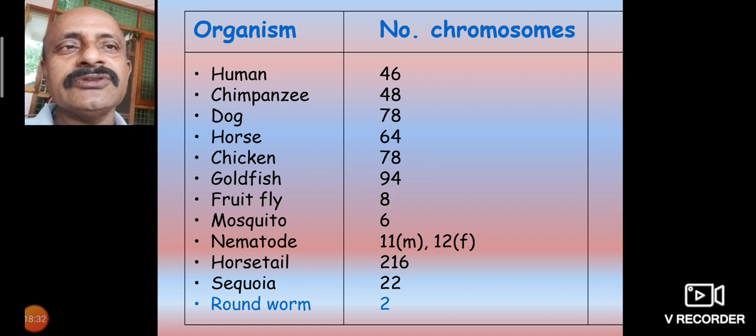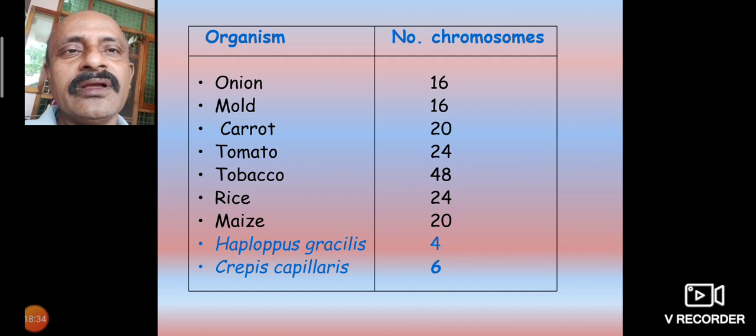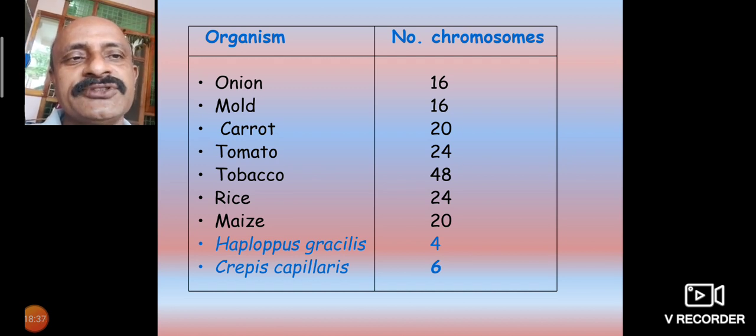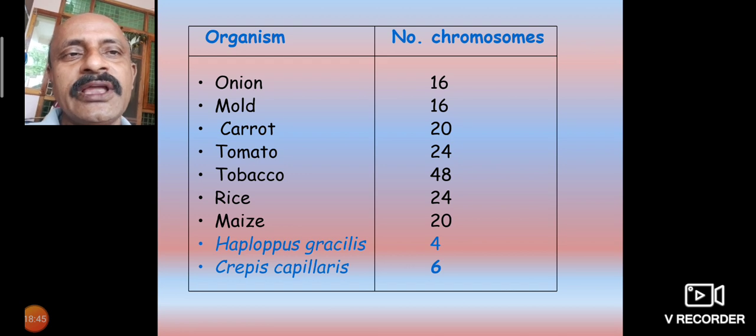The number is different in each. Among plants: onion 16, mold 16, carrot 20, tomato 24, tobacco 48, rice 24, maize 20, Haplopappus gracilis 4.